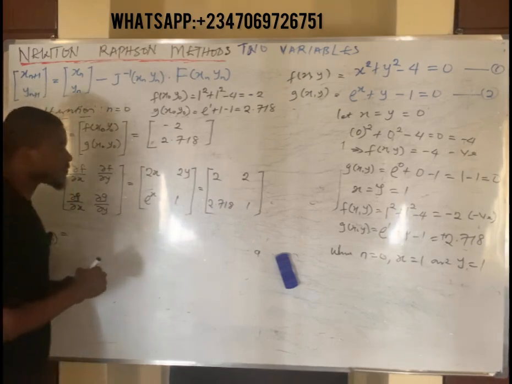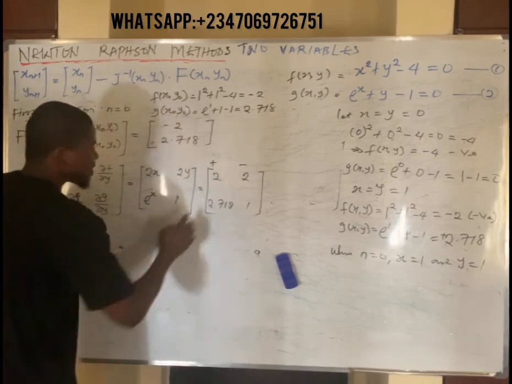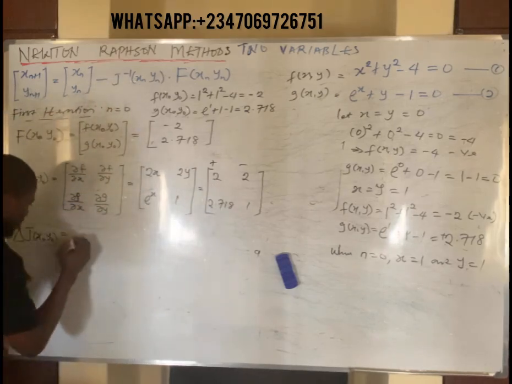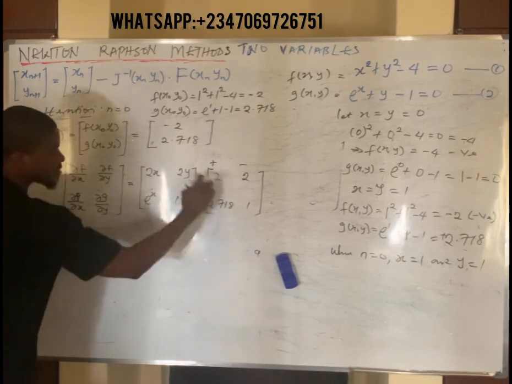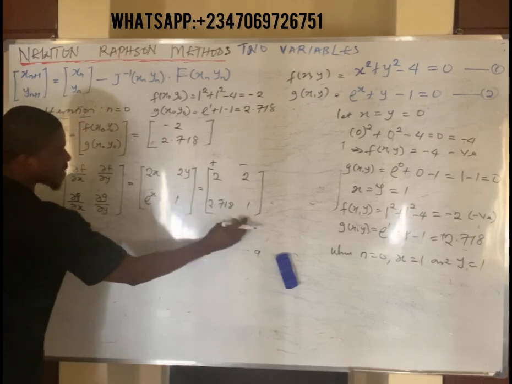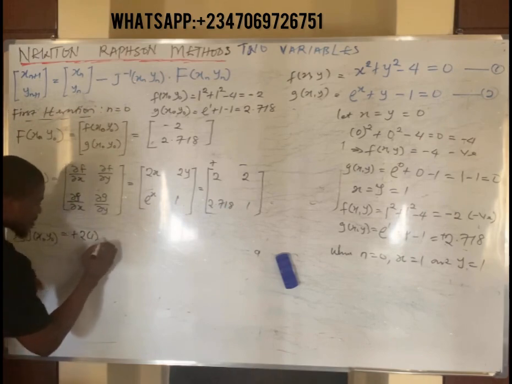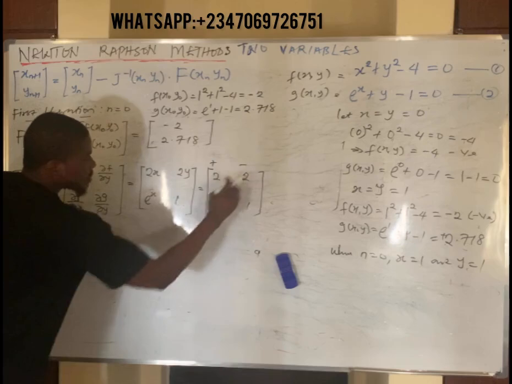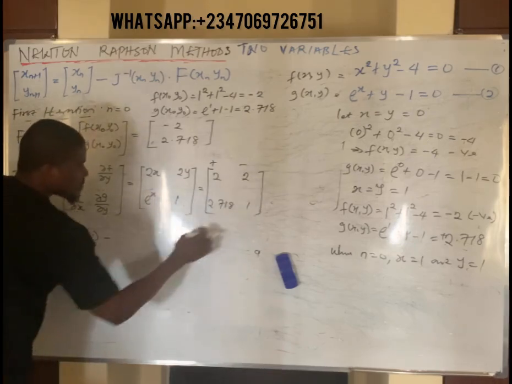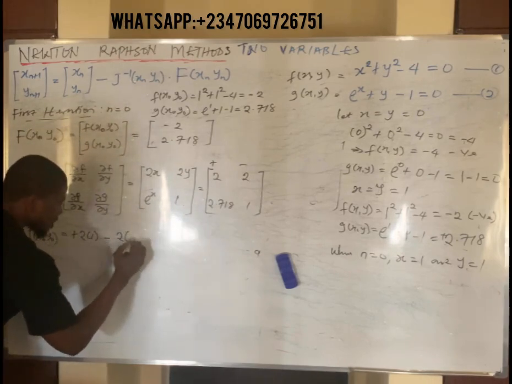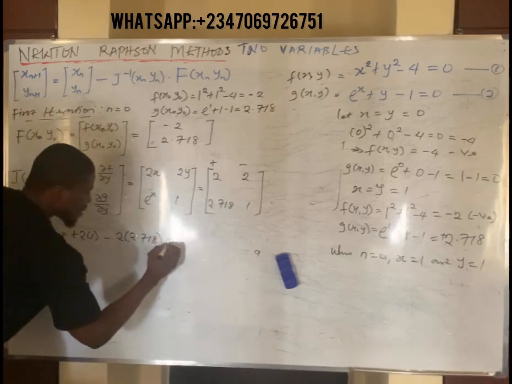That simply gives us, remember, to find the determinant, your first sign is positive, next sign is negative. So you pick the very first element there, plus 2. Since it's a 2 by 2 matrix, it becomes plus 2 times 1. So I have plus 2 multiplied by 1. Then minus the minor diagonal now, 2.718 multiplies by 2. So I have minus 2 times 2.718, and you have this. So this gives us our determinant, right?